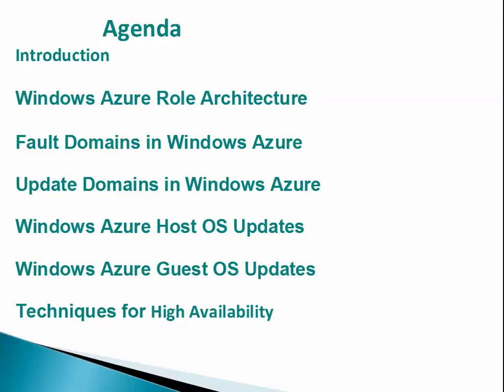So we need to understand how these updates happen inside Windows Azure, and then I will discuss some techniques to avoid all the points we discussed, and how we can make our application highly available.